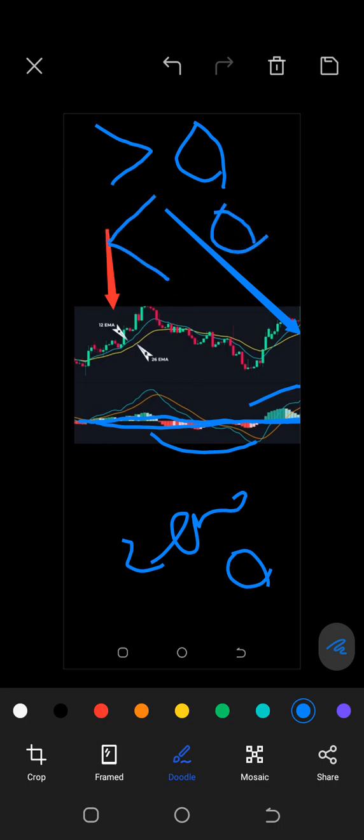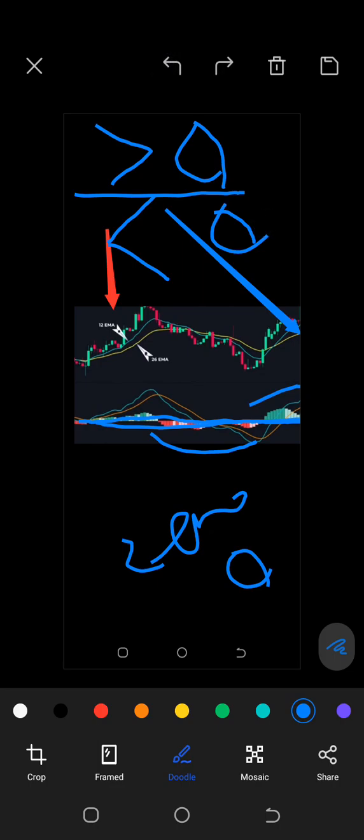So if you want the Royal Q to take trades for you based on these zero lines, you have to know why you are choosing greater than 0 or less than 0, below the 0 line. So I'm just giving you knowledge about them.